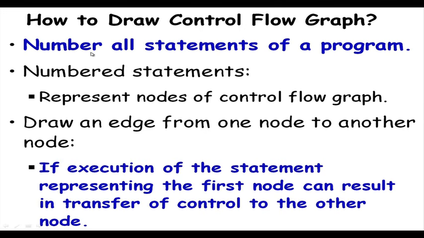The first thing is we number all the statements of the program, and we make nodes out of those numbers. We draw nodes for each of those numbered statements, and then we draw an edge from one node to another if execution of a statement can transfer control to the other node.